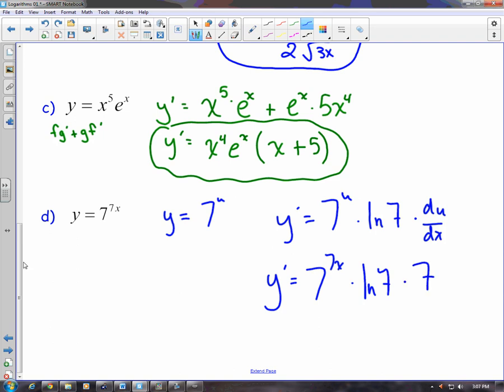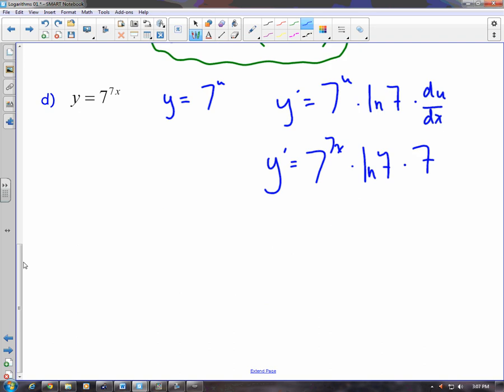That's 7. Now, this particular example can actually be simplified. You'd think of pulling that 7 to the front, and then you've got 7 to the power of 7x, and then the natural log of 7. But those two guys are the same base.